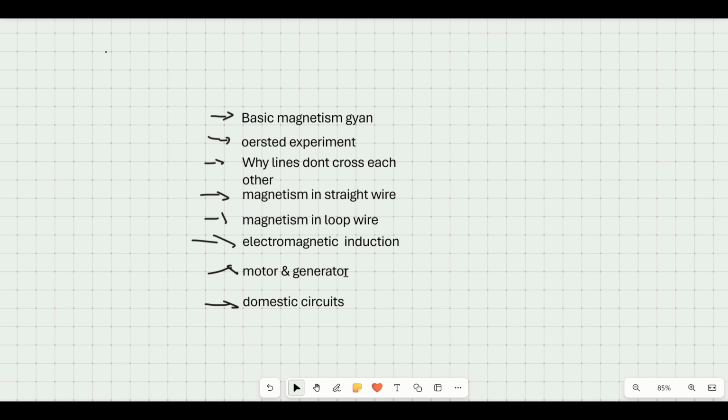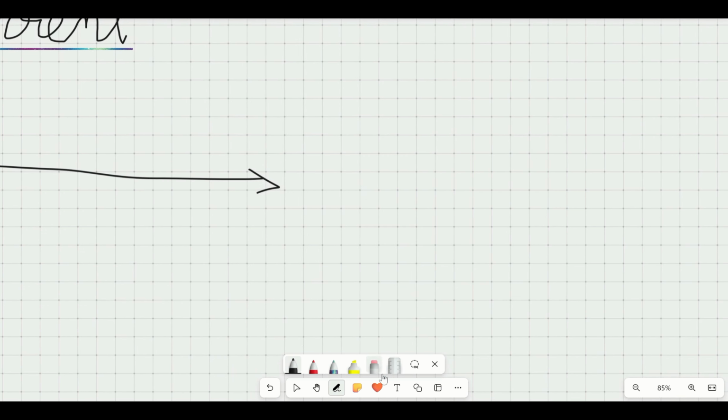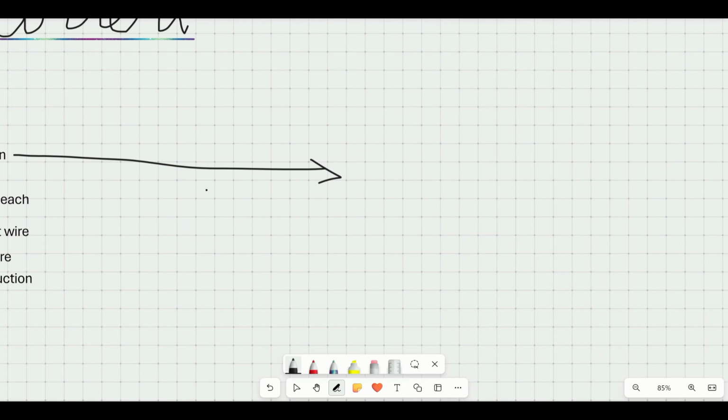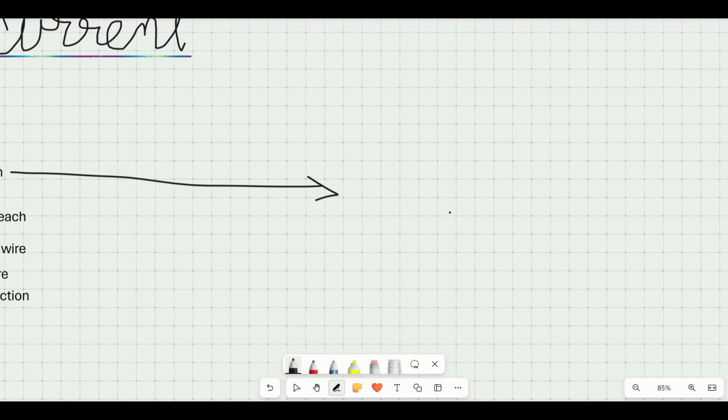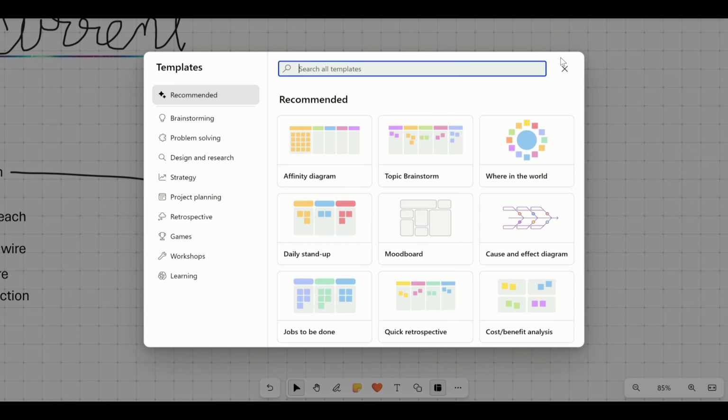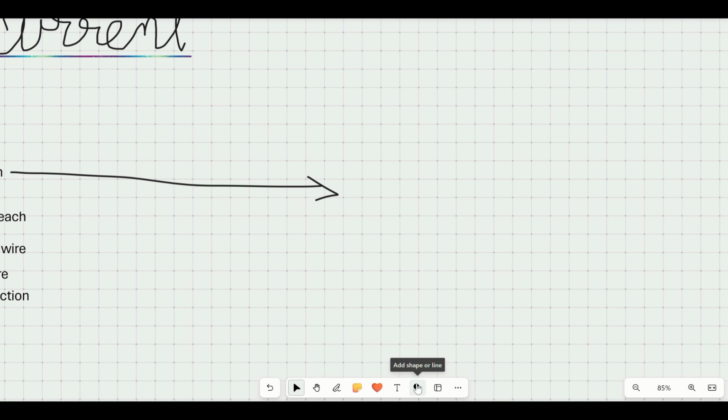Okay. So let's start with the first thing, basic magnetism wala gyan. Here, first of all we will see how a magnet looks like. In this chapter we will just study about the bar magnet. There are also other types of magnet like the horseshoe magnet, the circular magnet, the button magnet, but we will only learn about the bar magnet. Let's make a bar magnet.